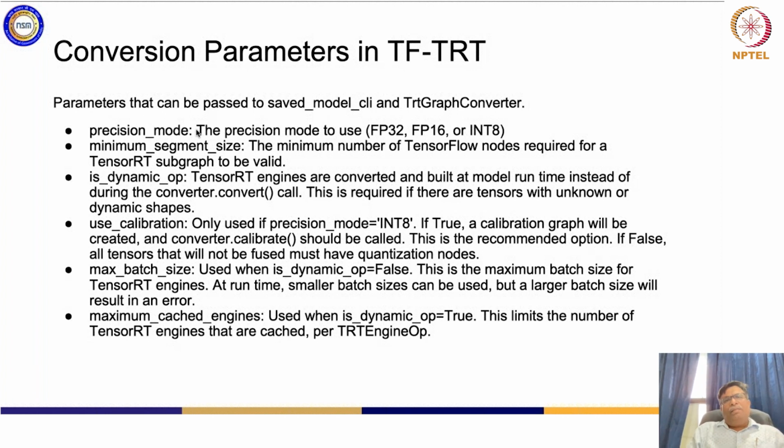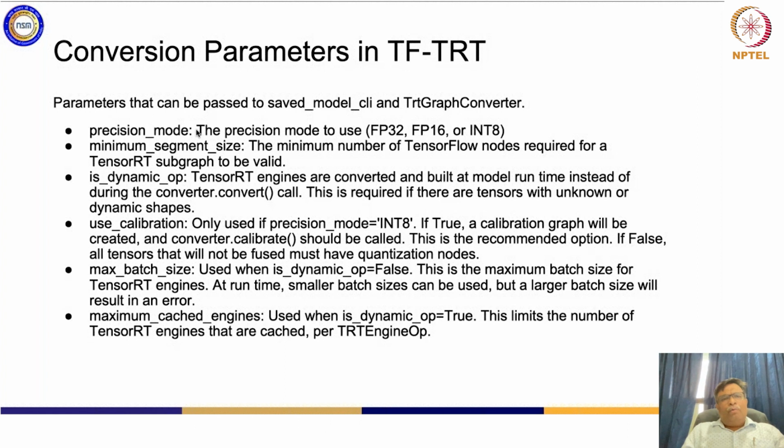That basically means the minimum number of TensorFlow nodes required for a TensorRT subgraph to be valid. When you go on practicing and running your programs, you'll try to understand all of these parameters, but just for completeness, we are giving you a very brief idea.